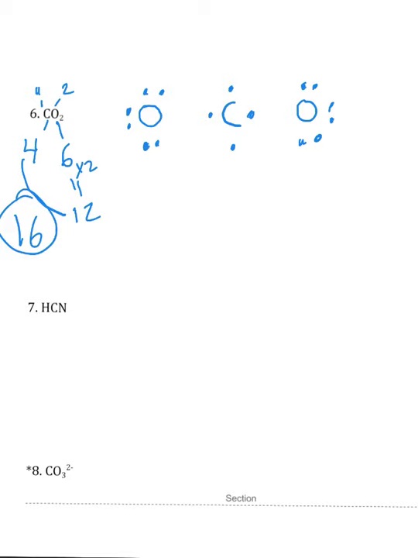So first thing I need to do is attach those oxygens on, get a pair of electrons, so there's a pair. It doesn't matter which ones I pick because I can move them around. And I'll end up with this.